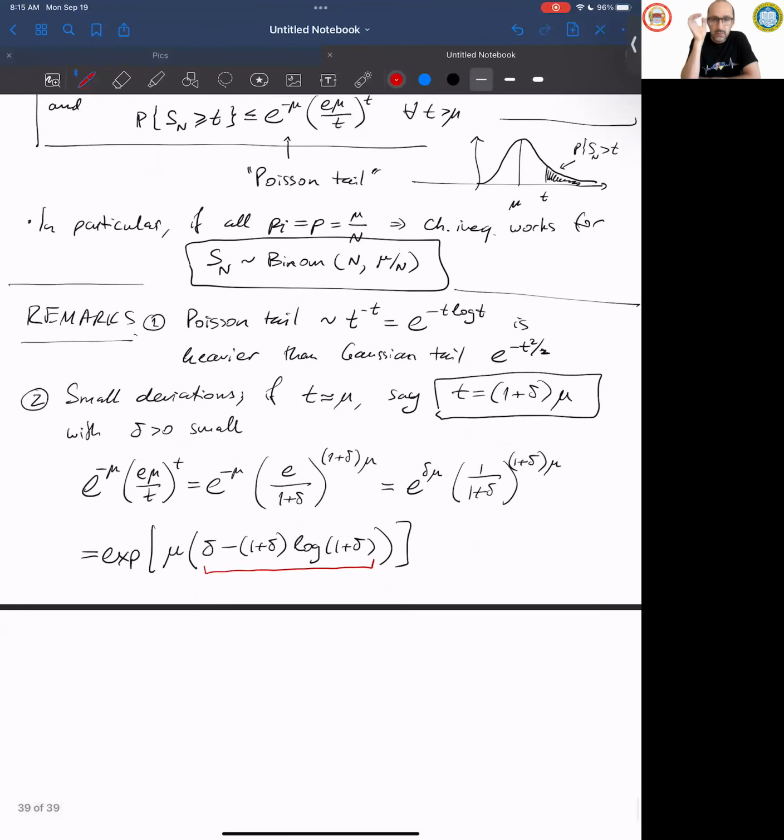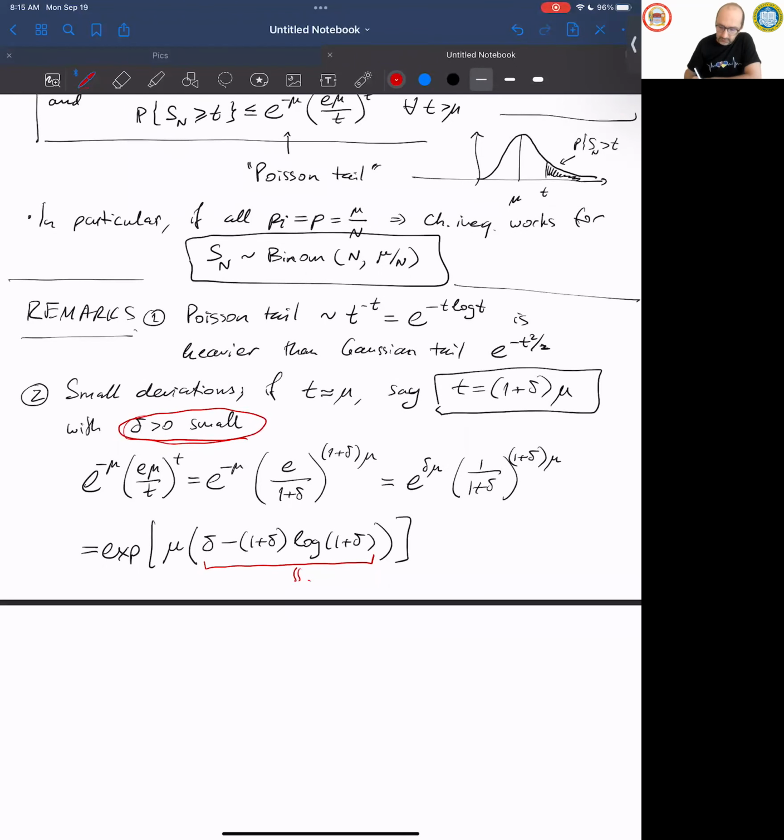But remember, we're looking at delta small. So I computed this Taylor expansion about 0. And when delta is small, it gives me about delta square over, don't write this down yet, I'll change this in a second, delta square over 2, if delta goes to 0. That's from Taylor expansion.